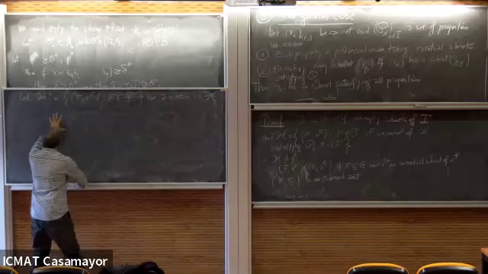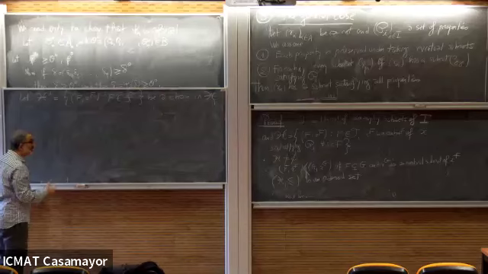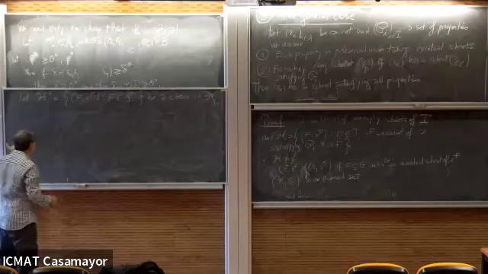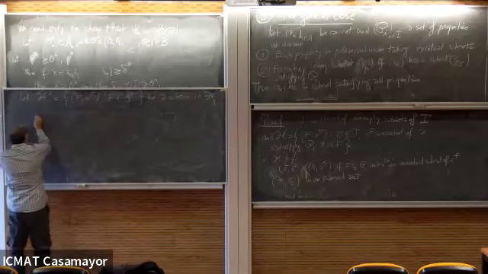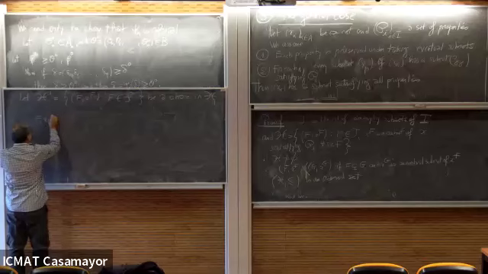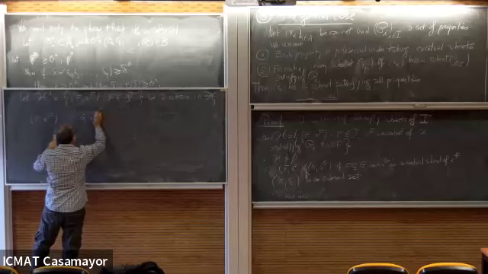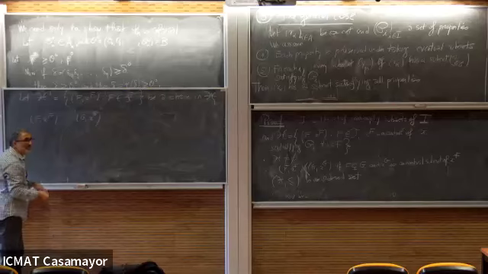Maybe this is the hard step in the proof, and I need to go more slowly. So I want to show that the condition of Zorn's lemma is satisfied. So I take a chain and I want to show that there is an upper bound. If this is a chain, then if you take f, x f and j, x j, two different elements here, then one should be more or equal than the other.